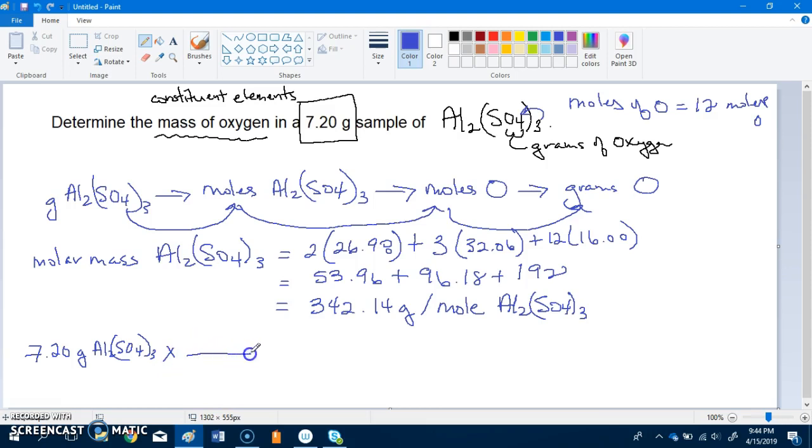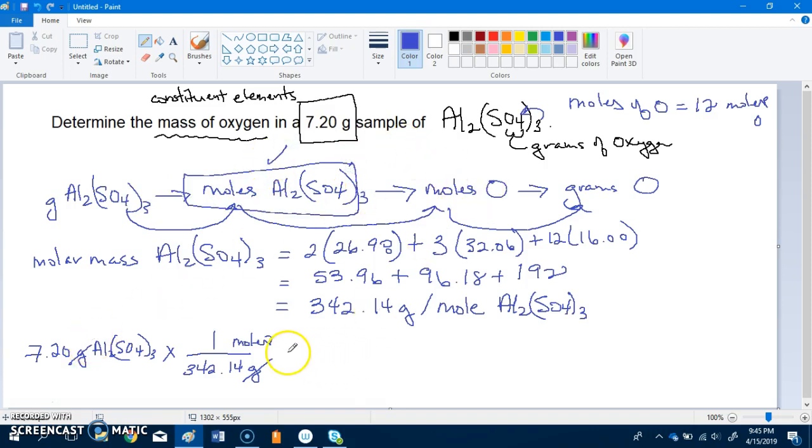So I want to go to moles, and I know 1 mole of aluminum sulfate is 342.14 grams. I put grams on the bottom because I want to convert from grams to moles, and this is the way that I cancel out my grams, by putting it on the bottom, and now I have moles. So I've done this now. That was my first conversion.